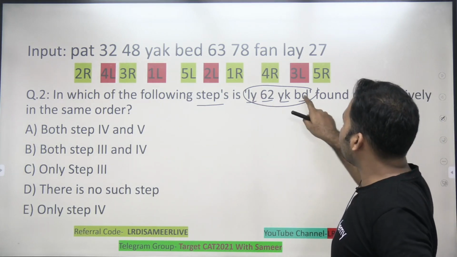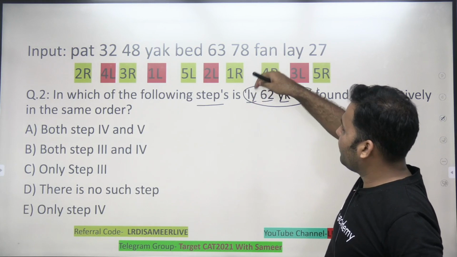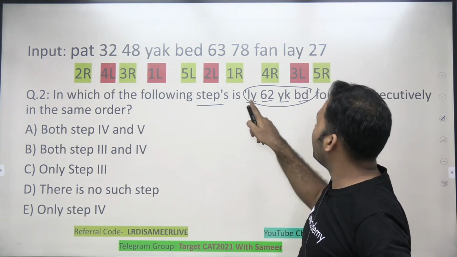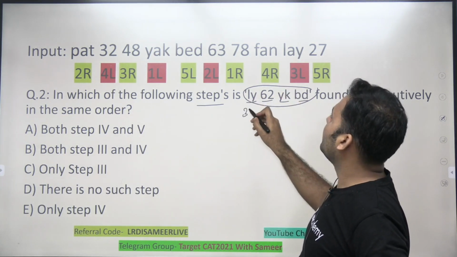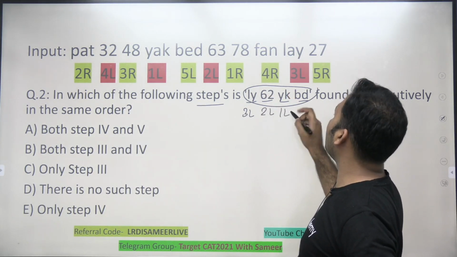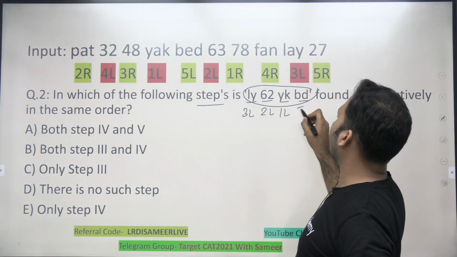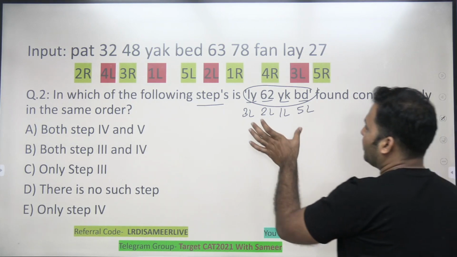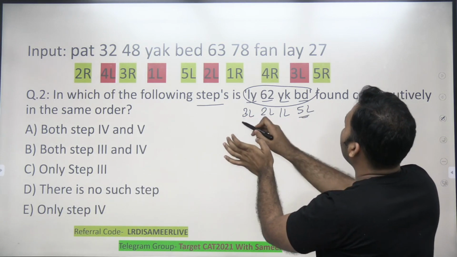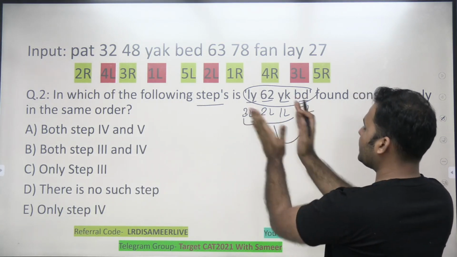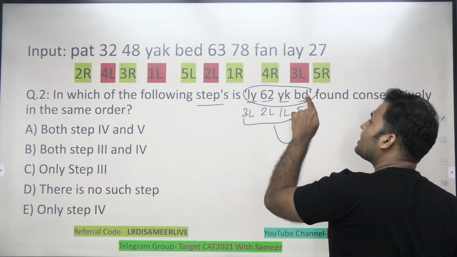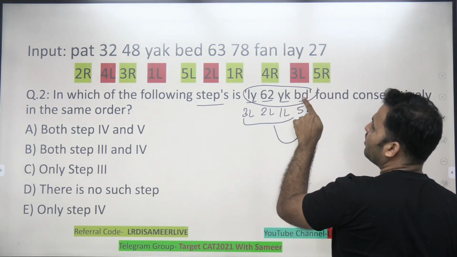In all these words, the vowel has already been removed, which means the element has already been ranked. The word ly is ranked as 3L, the word 62 is ranked as 2L, YK is ranked as 1L, and BD is ranked as 5L. It is possible for 3L, 2L, and 1L to be together, but the 5L element cannot be positioned on the right-hand side of these elements. 5L will be positioned in the leftmost position, because the vowel has been removed.